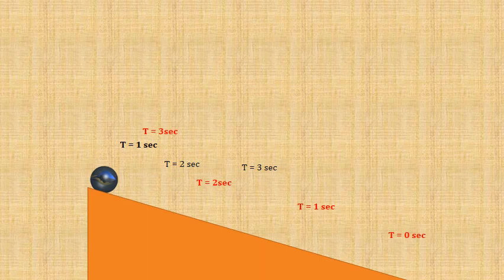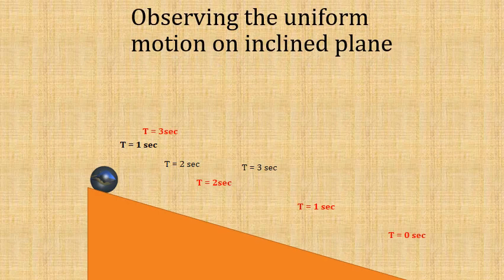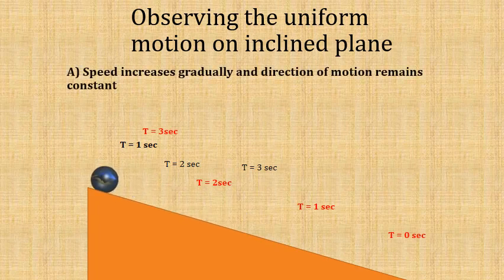So the speed increases gradually and the direction of motion remains constant while it is going down. While coming up, the speed decreases gradually, but the direction of motion remains constant, in the opposite direction.